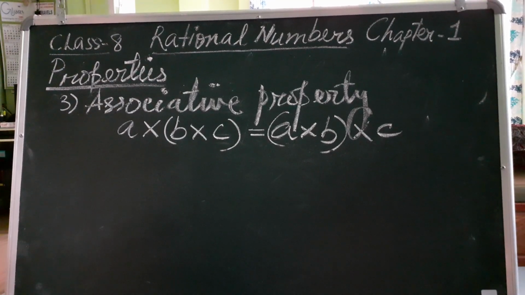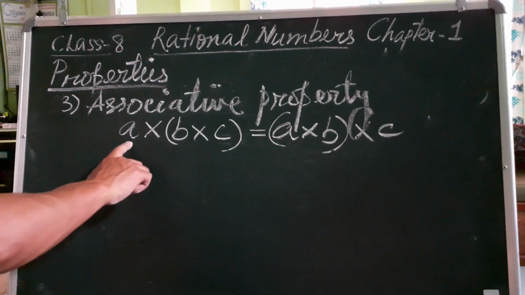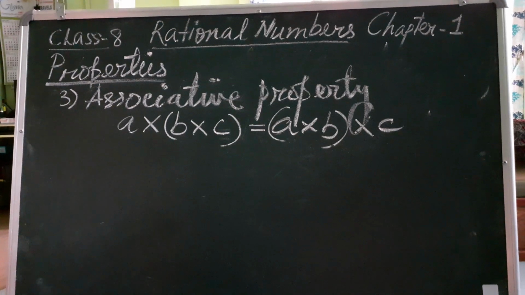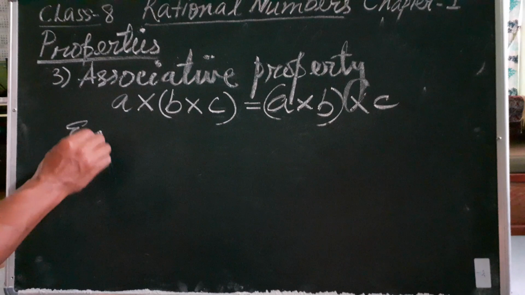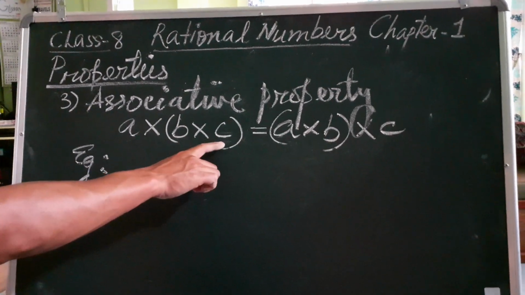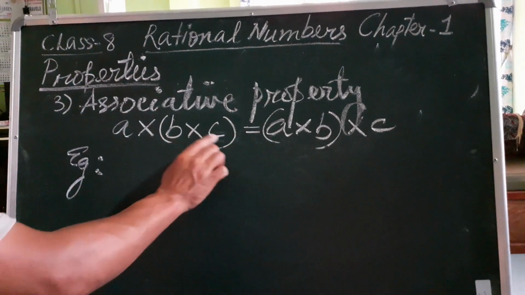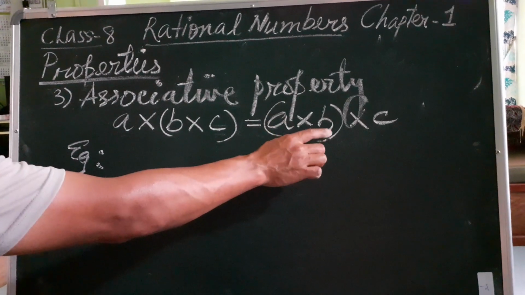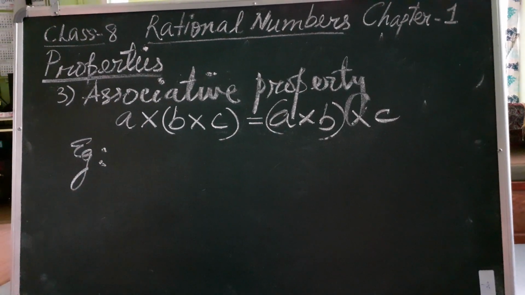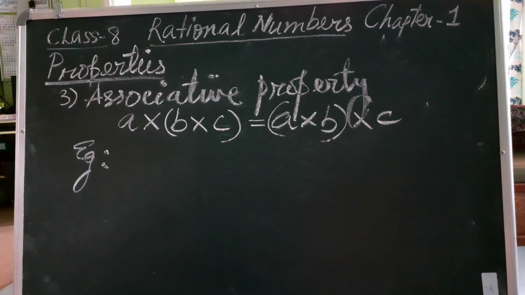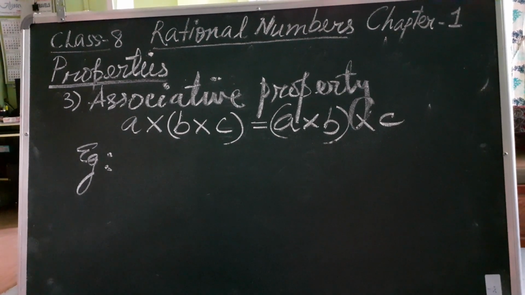This is called the associative property of multiplication.